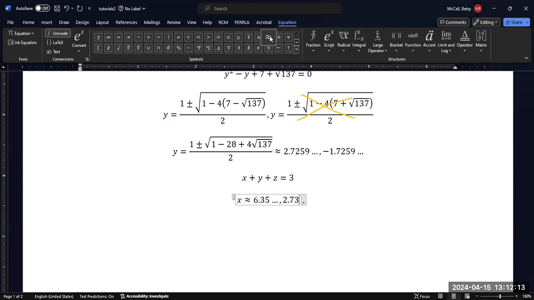We'll say approximately 2.73. Again, we'll just estimate them. And then also Y equals negative 1.73.